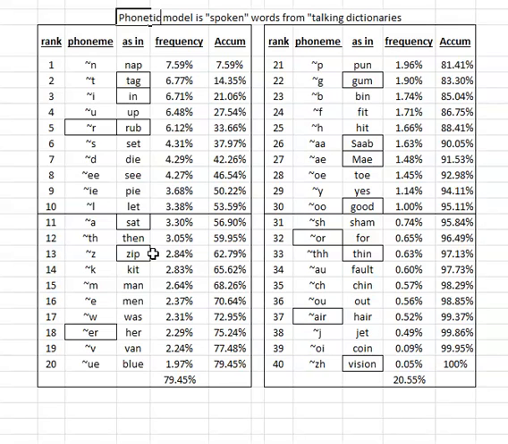For instance, is and was, very popular words, and so the popularity goes way up for the Z sound. Let's go to ER. That was represented up here by R, but the R affects the pronunciation of the vowel, so they are written out like this. ER is a spelling of a vowel.